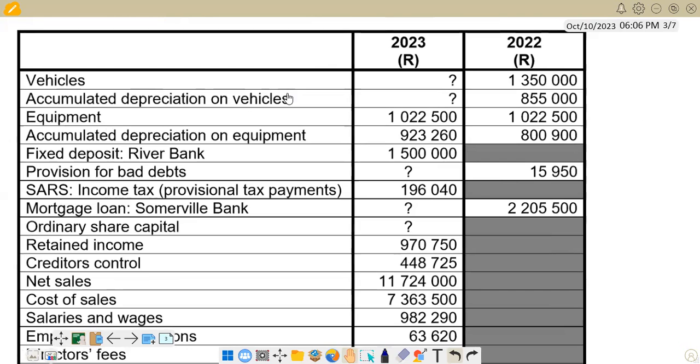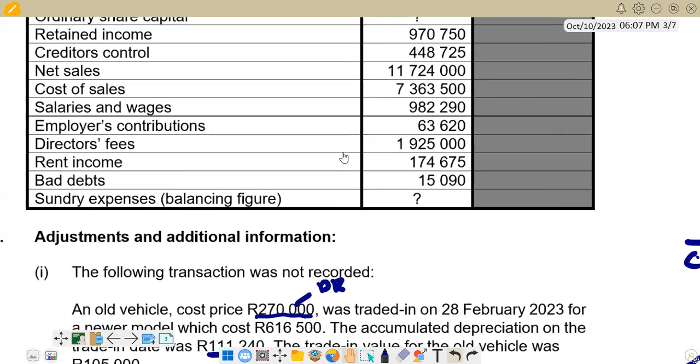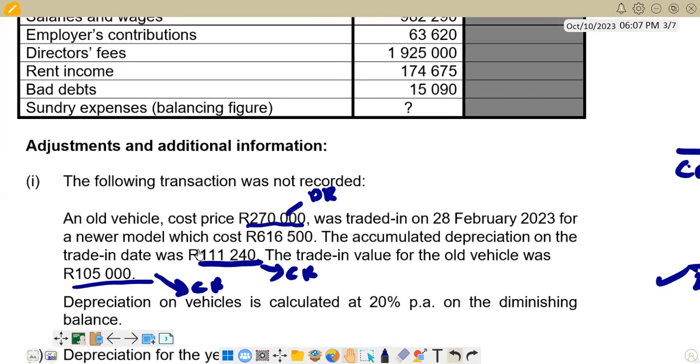So let's start with vehicles. We have the cost at the beginning, which is 1,350,000, and the accumulated depreciation for vehicles at the beginning is 855,000. Now we want to see what method of calculating we are using for vehicles. We come here: depreciation on vehicles is calculated at 20% per annum on the diminishing balance method.